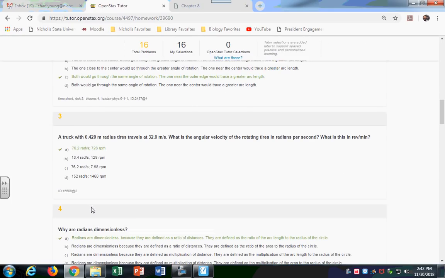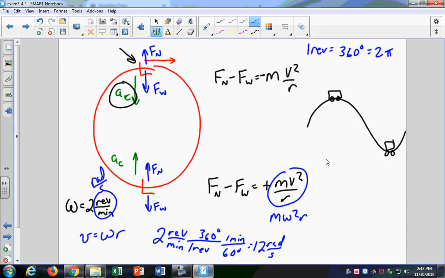Well, you probably moved it to revolutions per second, and they were asking for revolutions per minute. You multiplied it by 2 pi over 60 in the calculator. No, that's not right. 76.2 radians per second.